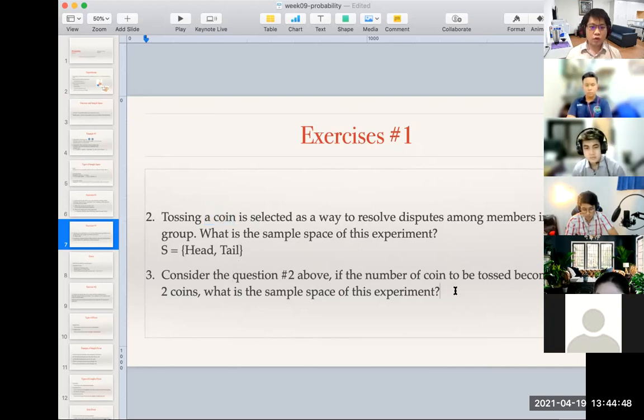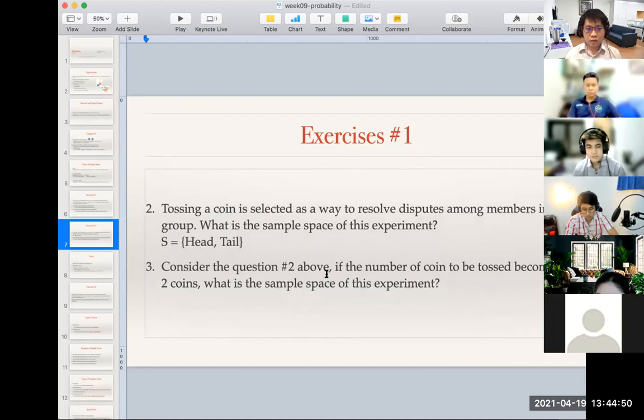Okay, so let's go for number 3. Consider the same question, but if the number of coins becomes 2. So what is the sample space? Actually, it's similar to the previous examples that I have already shown you earlier. So you can think, let's say HH, HT, TH, and TT.